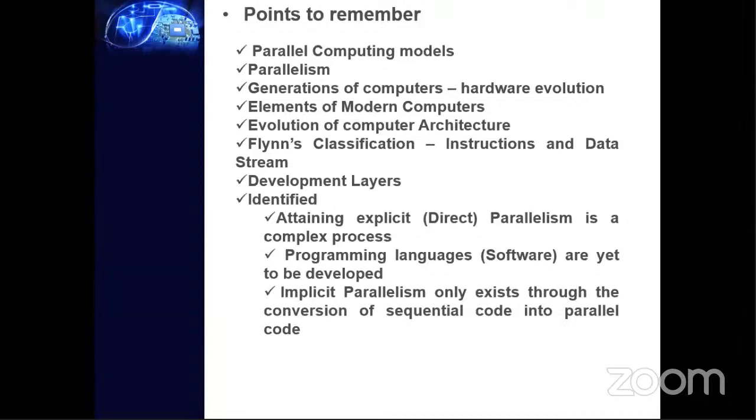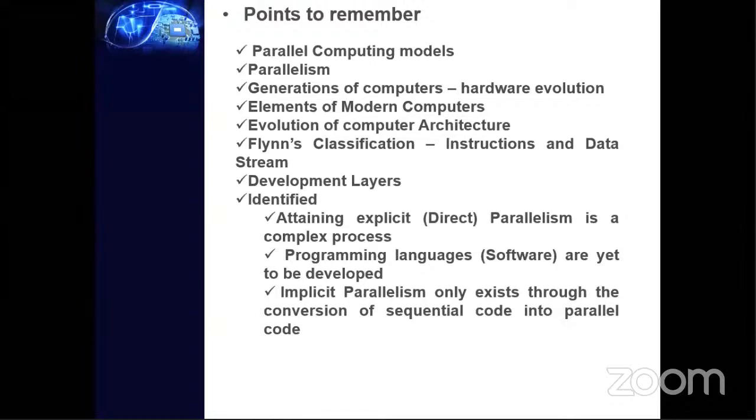That is sequential. There is no parallel execution of code. Our sequential computer executes sequential code one by one. Suppose we are running a C program, the computer executes the instructions one by one.